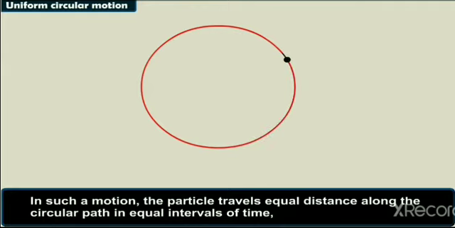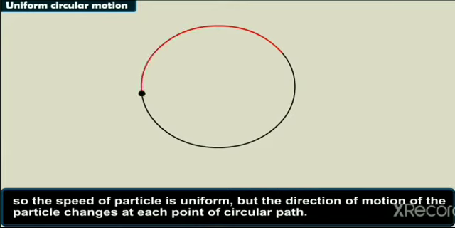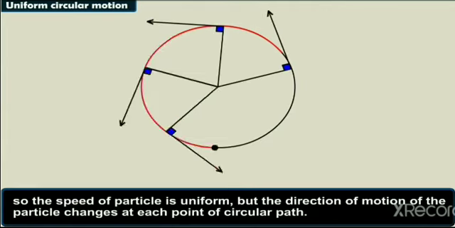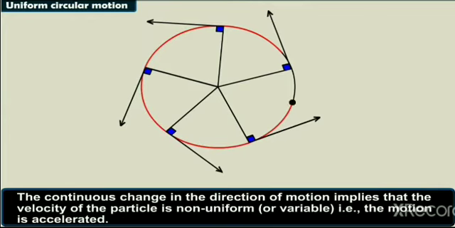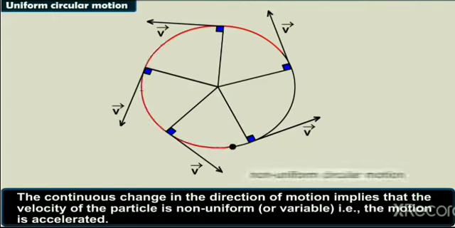In such a motion, the particle travels equal distance along the circular path in equal intervals of time, so the speed of the particle is uniform, but the direction of motion of the particle changes at each point of the circular path. The continuous change in the direction of motion implies that the velocity of the particle is non-uniform or variable, that is, the motion is accelerated.